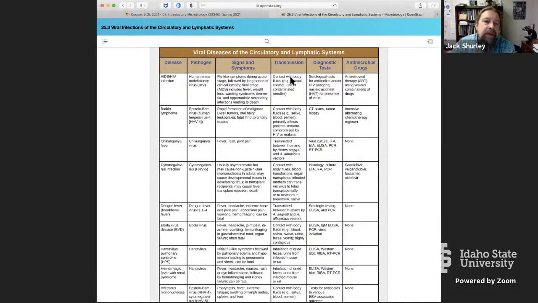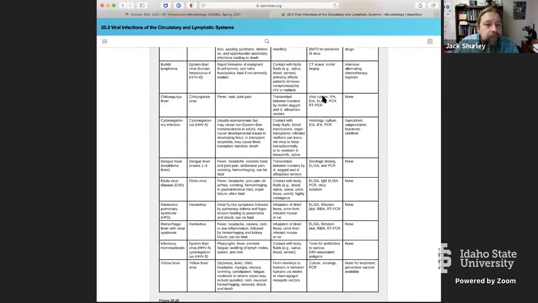So, transmission with this is contact with bodily fluids, sexual transmission, and sharing of needles sets the stage for contracting HIV. There are handfuls of tests and treatment. We're seeing numerous advances with treatment with antiretroviral therapies, again, lending to virtually undetectable levels within the serum.